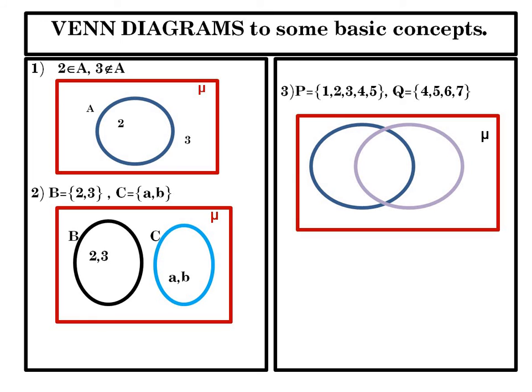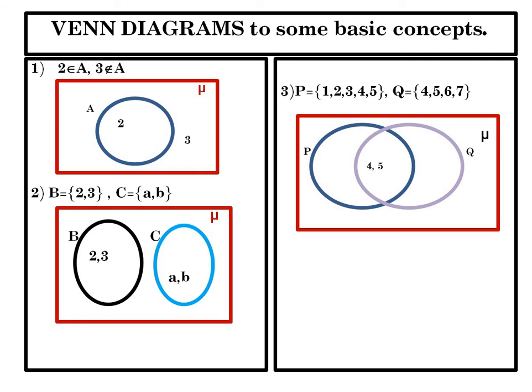The first circle represents the set P and the second circle represents the set Q. Now first you write the common elements in the common space here. This space belongs to the first circle and also to the second circle, isn't it? So this is a common place, and the common place represents the common elements. So here you write 4, 5.